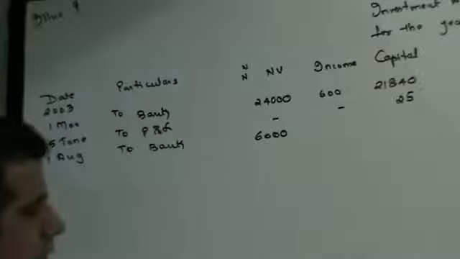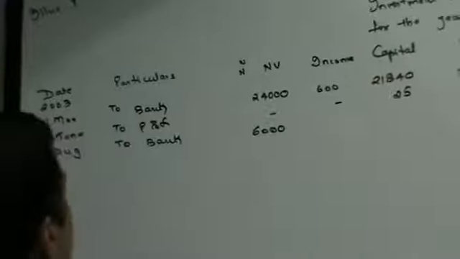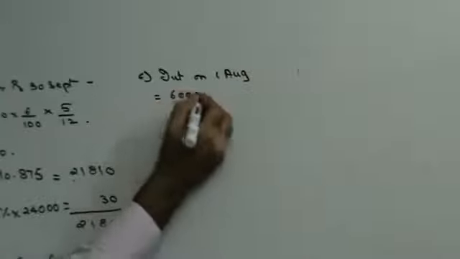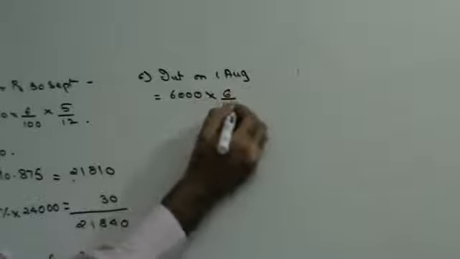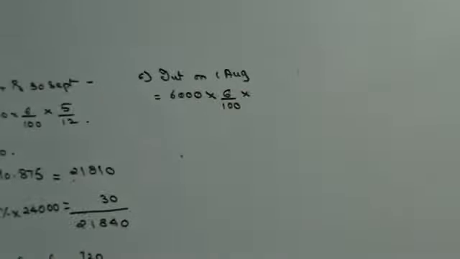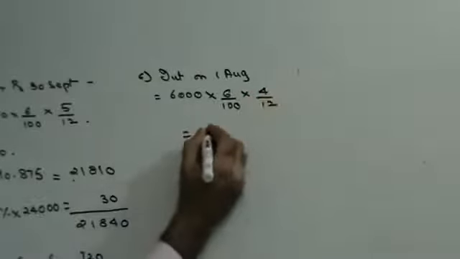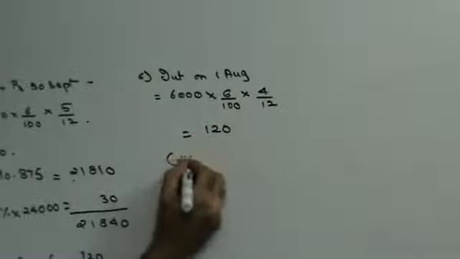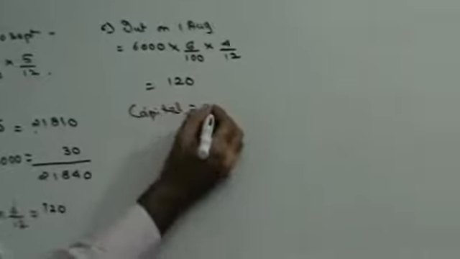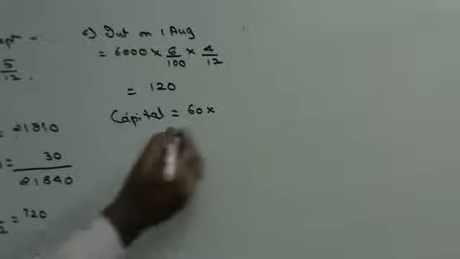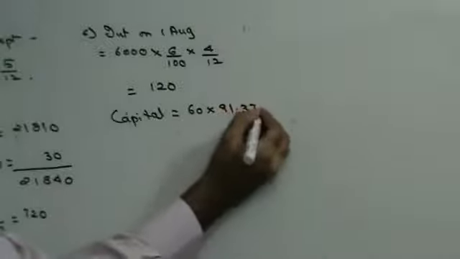Interest on 1st August is 6,000 into 6% into 4 months. Someone please help me. 120. Let's find out the capital value. 6,000, that means 60 shares. You have purchased it at a price of 91.375.